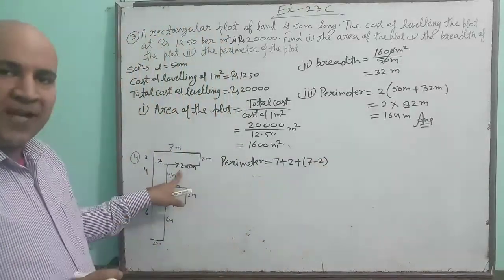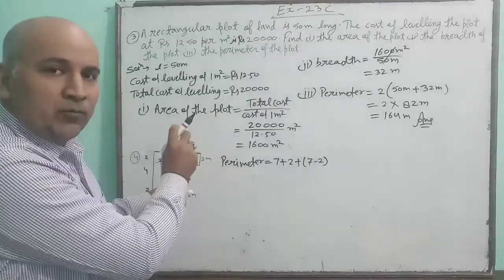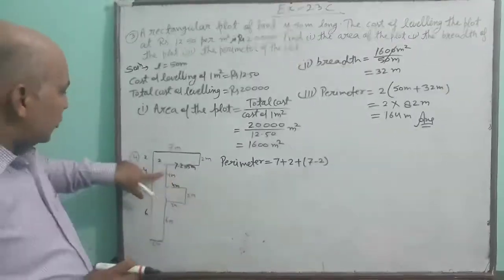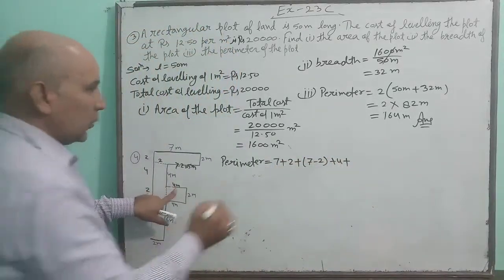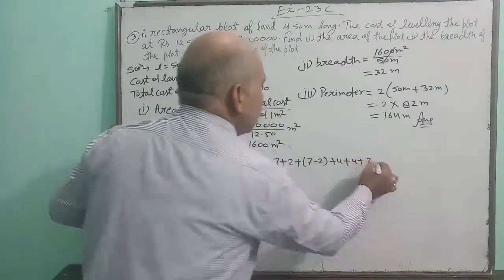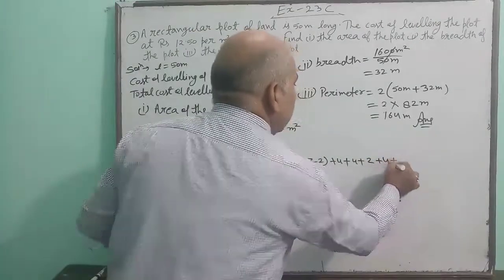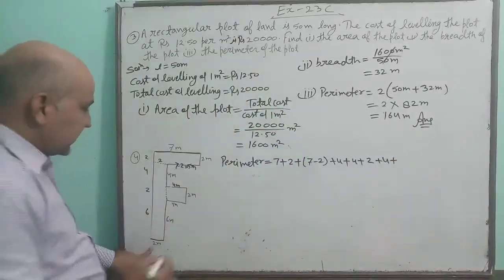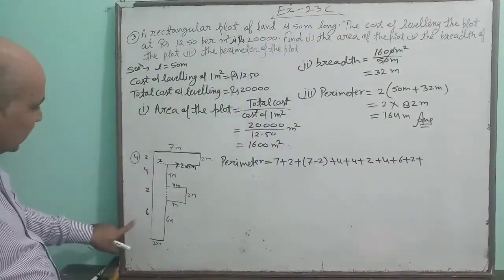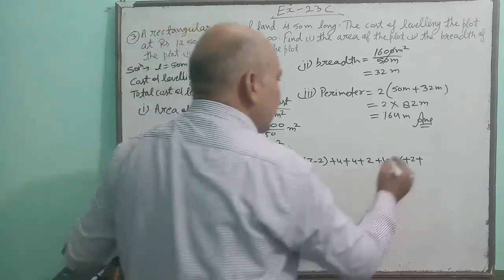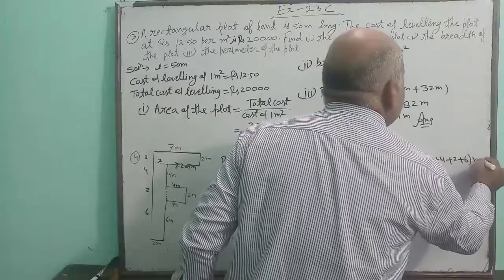Okay, directly you can write 5 also, but show this so that we can understand that you know how to find this length. 7 minus 2, then 4 plus this 4 plus this 2, then plus 4 plus this 6, then this 2 plus 6 plus 2 plus this length is 2 plus 4 plus 2 plus 6. Write it in the bracket. 2 plus 4 plus 2 plus 6 meter.